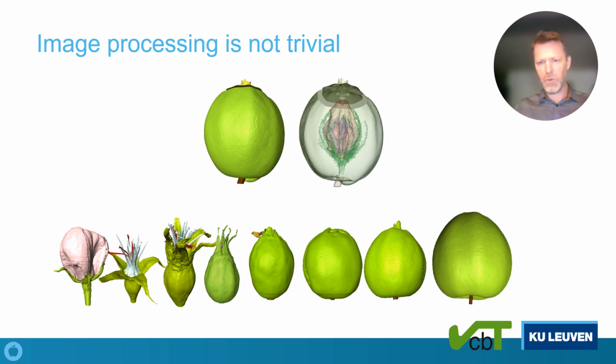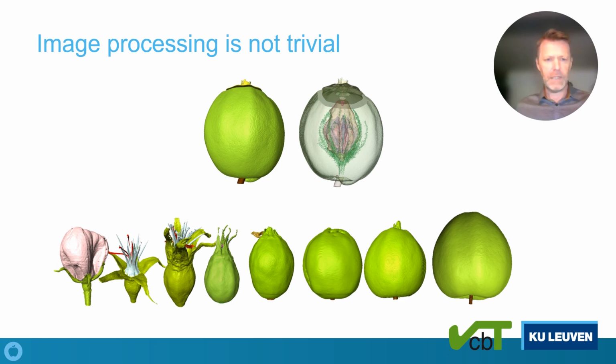So the image processing of X-ray images is not a trivial job, and you need quite some expertise and tools in order to generate images as the ones I show you here, where we see the development of an apple while it is growing from a flower in the initial stages early in the season to a full-grown mature apple at the end of the season.